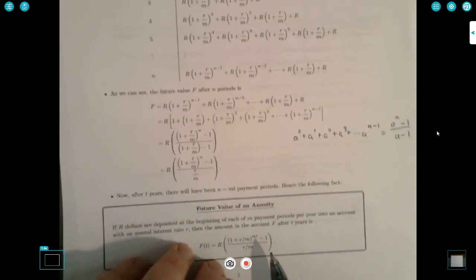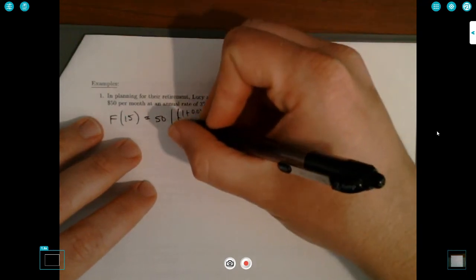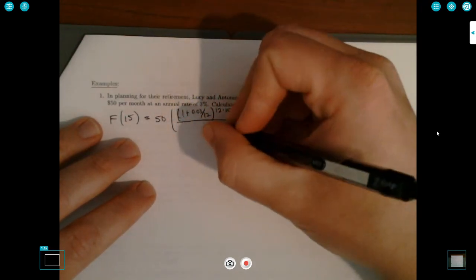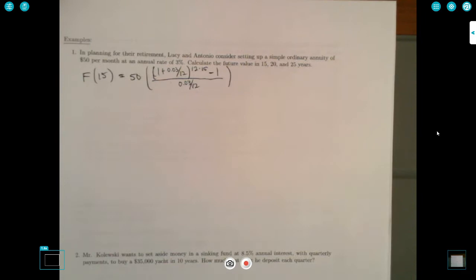Minus 1 divided by R over M. So minus 1 and then divided by R over M, 0.03 divided by 12.